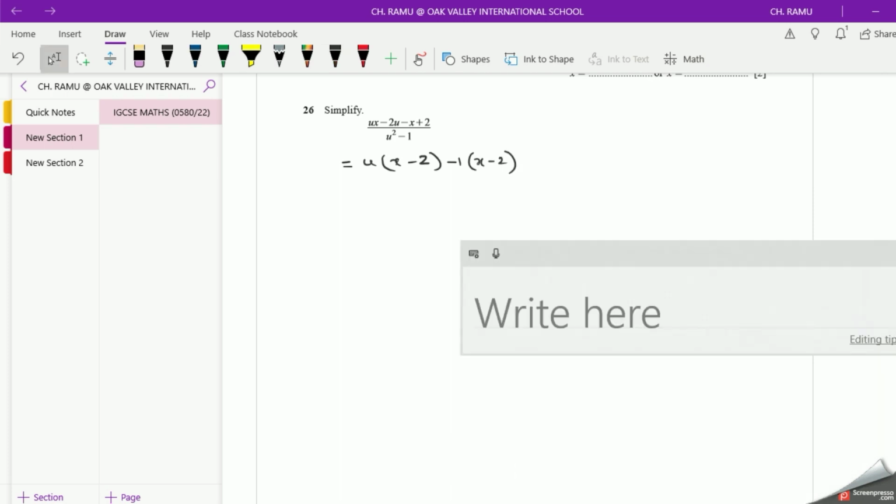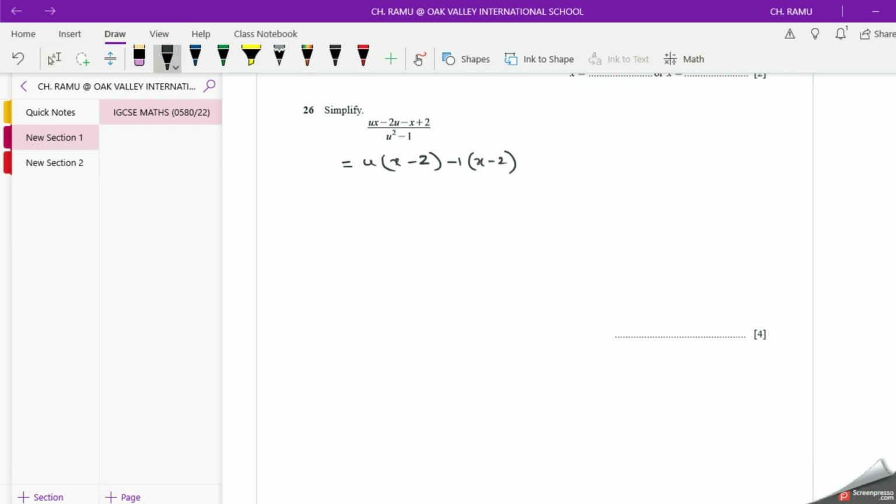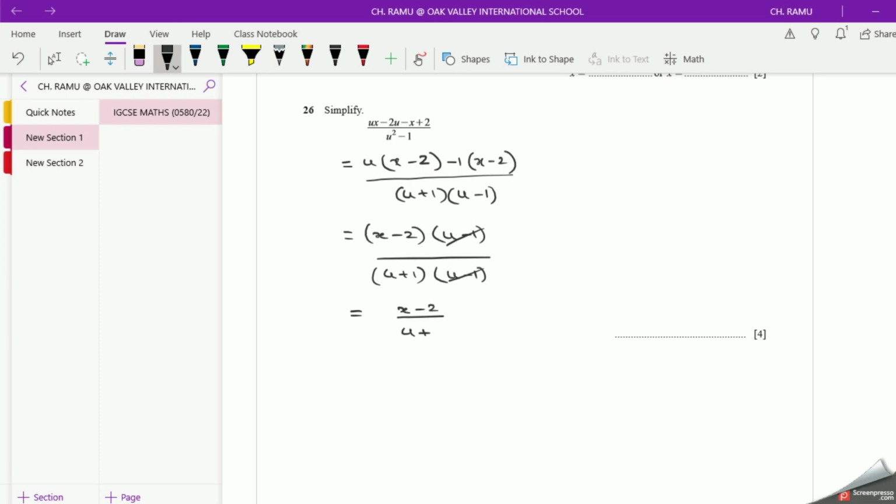Now the denominator u square minus 1 can be written as u plus 1 into u minus 1. x minus 2 is common, and u minus 1 divided by u plus 1 into u minus 1. u minus 1 gets cancelled. The final answer is x minus 2 by u plus 1.